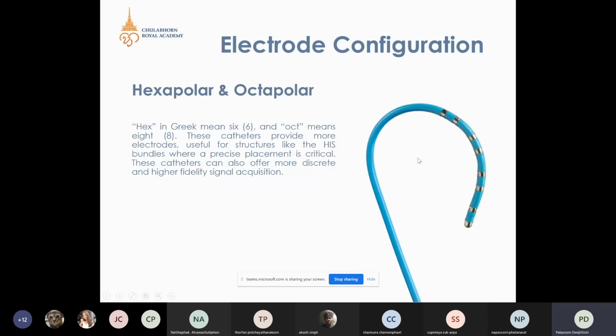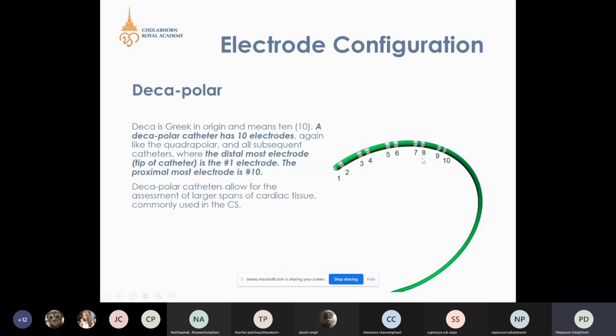Decapolar catheters allow access of longer spans because there are a lot of electrodes, so it's suitable for accessing larger spans of cardiac tissue, which is commonly used in the coronary sinus.